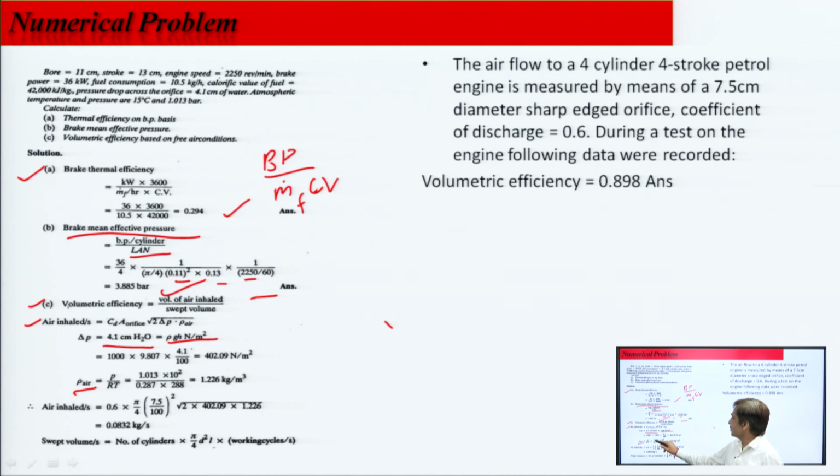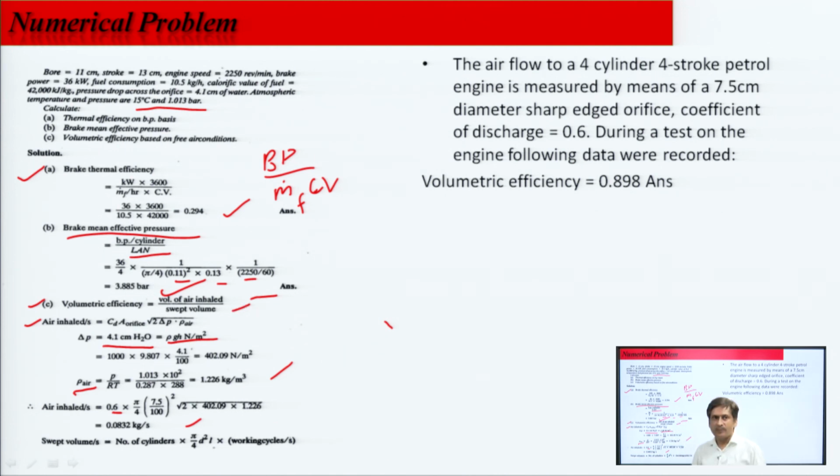P is atmospheric pressure, R is the characteristic gas constant of air, into T, the temperature in Kelvin, which is given as 15 and 1.0. So, rho air comes out here, and air inhaled with the help of this formula, coefficient of discharge is given to you, comes out 0.0832 kg per second.